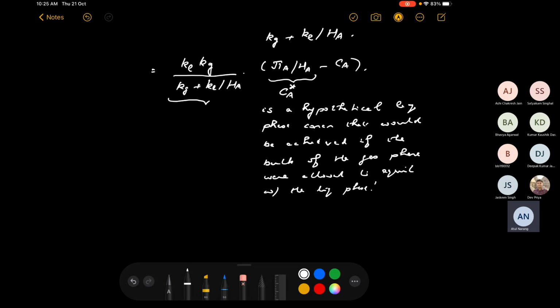This is called the overall mass transfer coefficient. Notice we had defined KL and KG as liquid side and gas side mass transfer coefficients. But this is called overall because it takes into account everything. Wait a second, I should say it is the overall liquid side mass transfer coefficient.